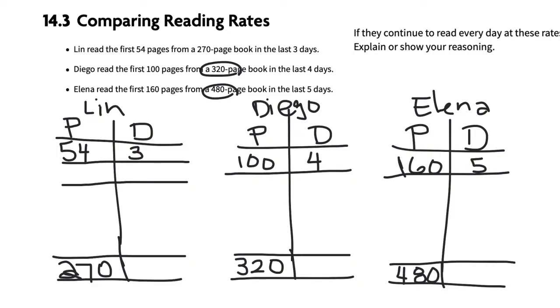So this 3 is really going to be a clue for me. So let's see. If I divide by 2, I get 27, don't I? So I'm going to multiply by a half, that's my divide by 2, remember?